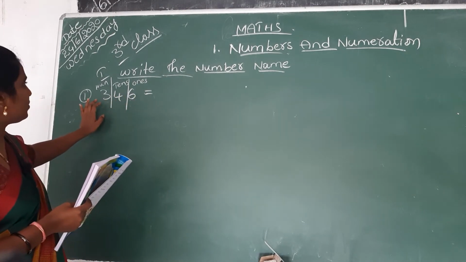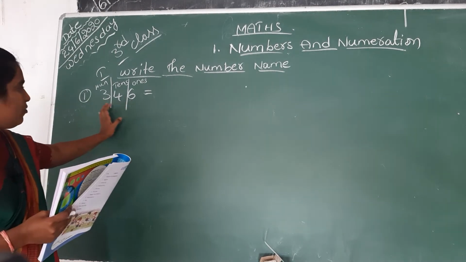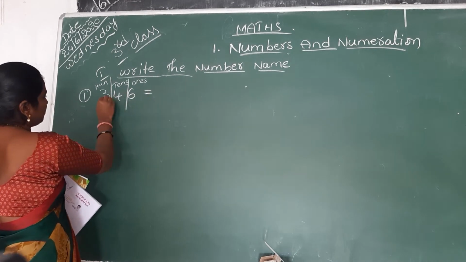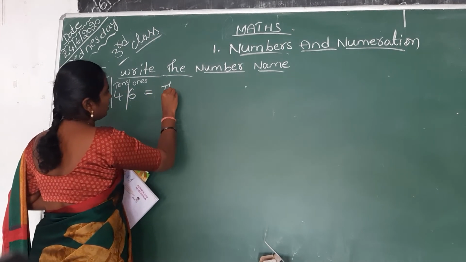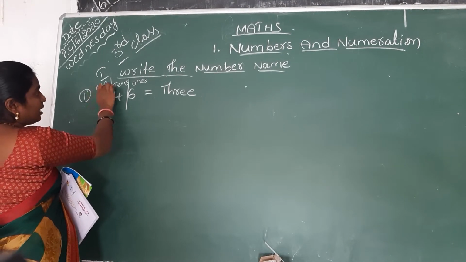So how do you have to read the total number? 346. Now I am writing the number name. 3 is there, no? 3 spelling THREE. 3 is in which place? 100's place.